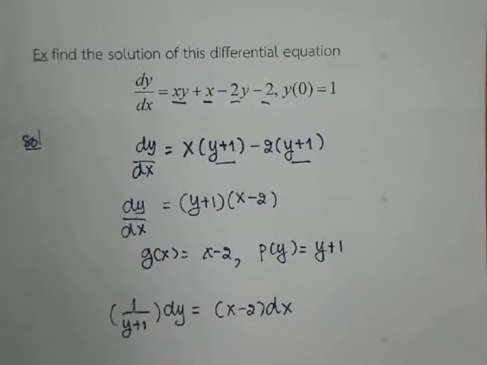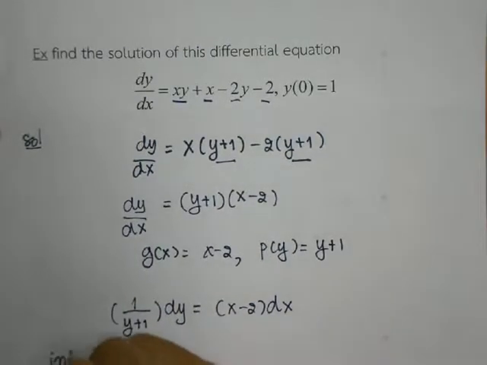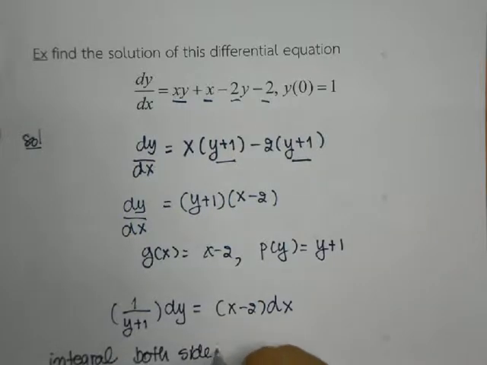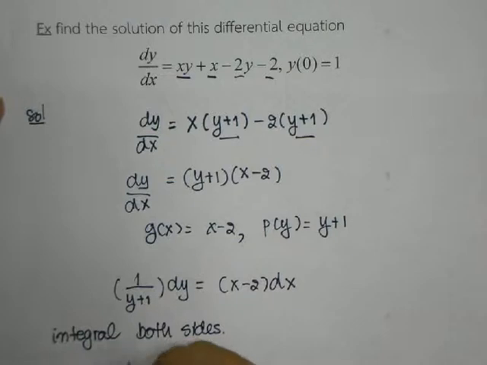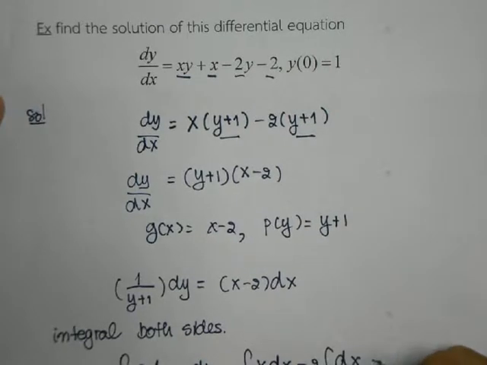And then we do the integral of this. Here we would get the integral of 1 over y plus 1 dy equal to the integral of x dx minus 2 times the integral of dx plus c.